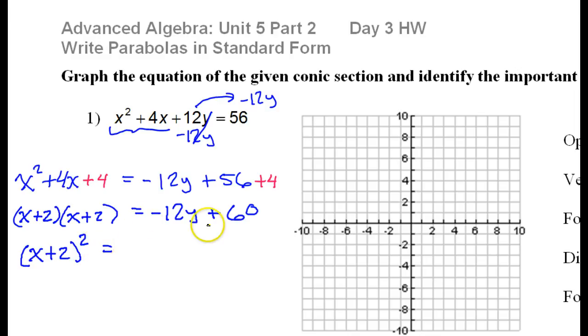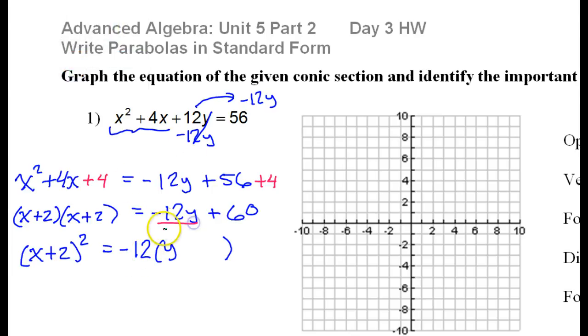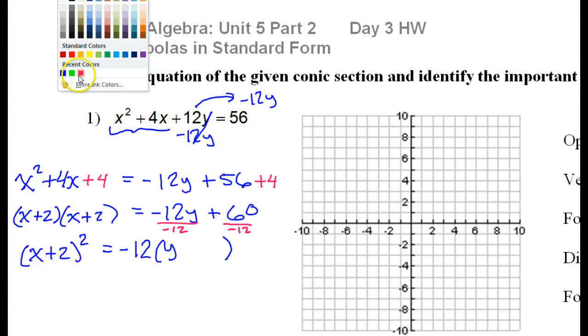Now, for the other set of parentheses over here, we really want that focal width number, the 4p number, to be out in front of parentheses. So basically if I know I need that negative 12 out there, then what I'm doing is dividing both of these by negative 12. 60 divided by negative 12 is negative 5.